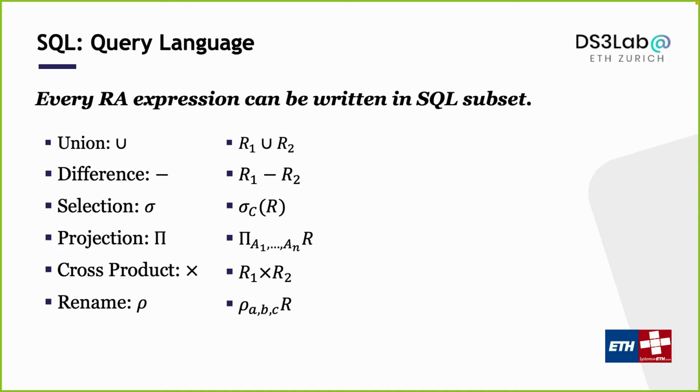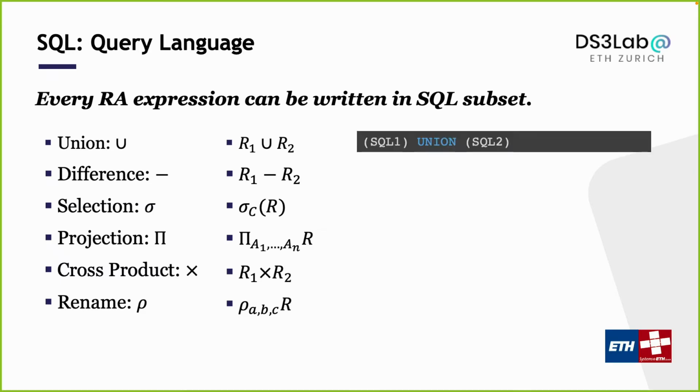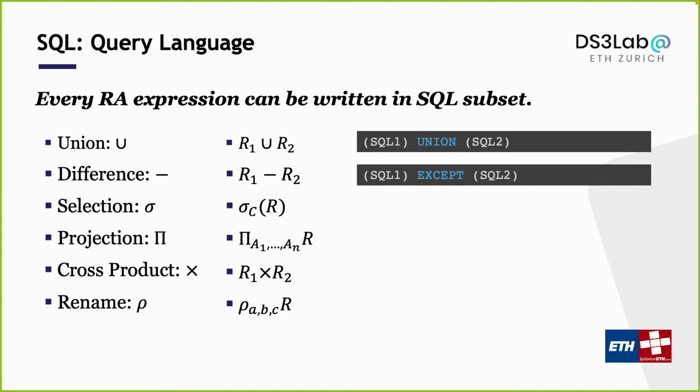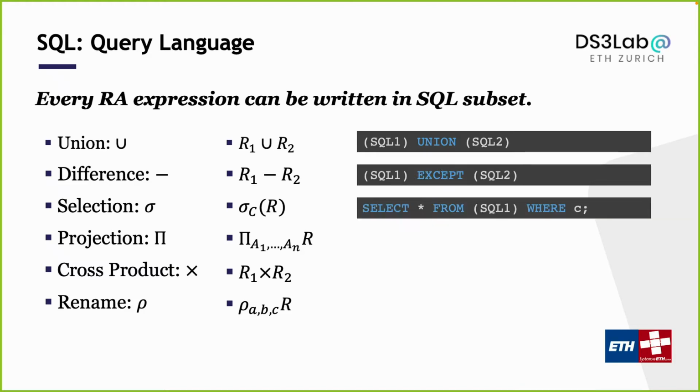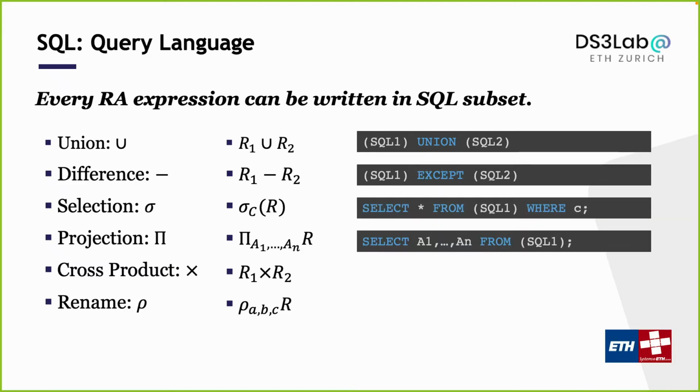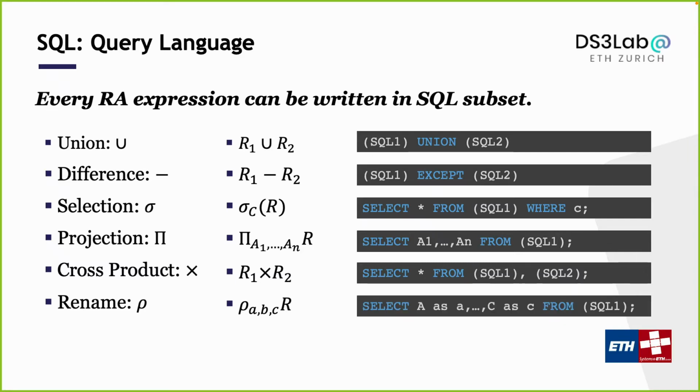And we know how to write each of these in SQL at this moment. You know how to write union, difference, select, projection, cross product, and renaming. Whatever relational algebra query that you want to write, now we know how to write it in SQL.